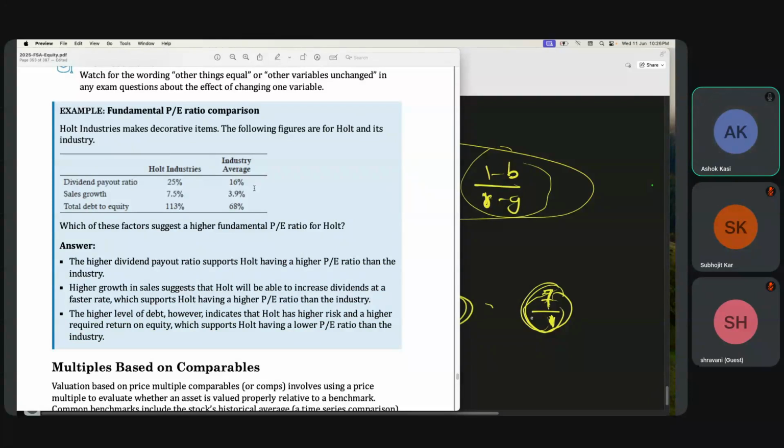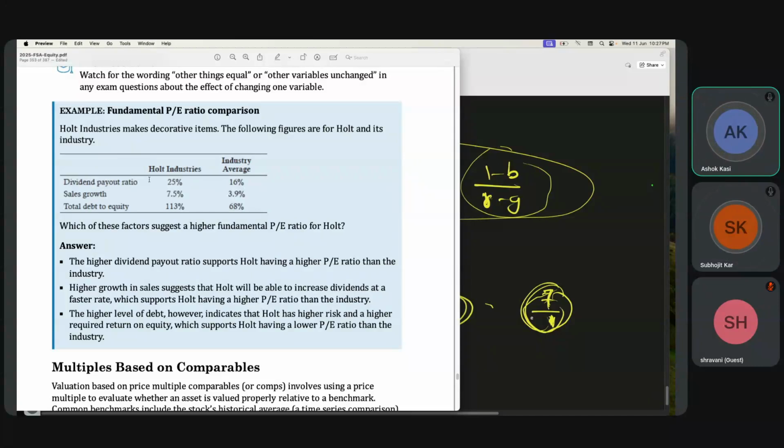Which of these factors suggest a higher fundamental P/E for Holt? So assuming the P/E ratio is very high, what would be the reason? In the industry, the dividend payout ratio is 16 percent, but Holt is paying 25%.